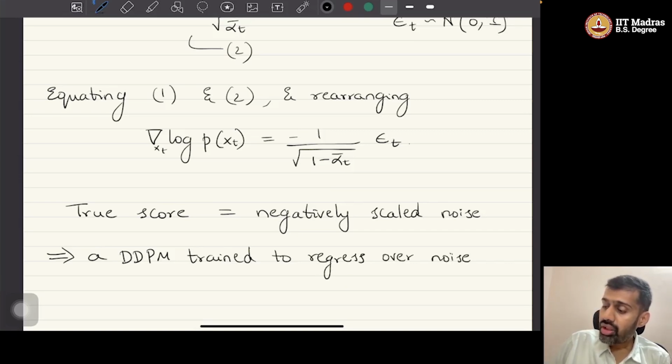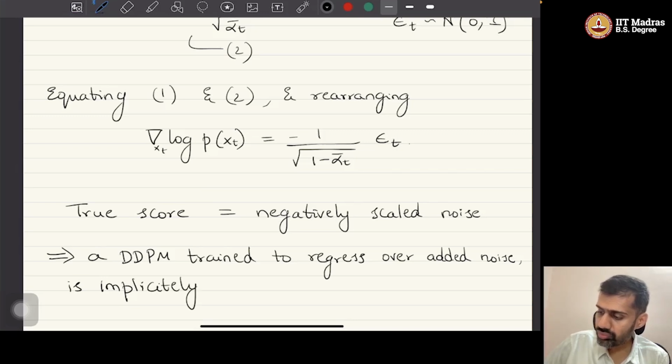Okay, one of the interpretations that we just saw was that it is regressing over the added noise. Okay, I'll just call it as added noise. Added noise is implicitly predicting the score. Implicitly predicting the score function. So this is the bottom line.